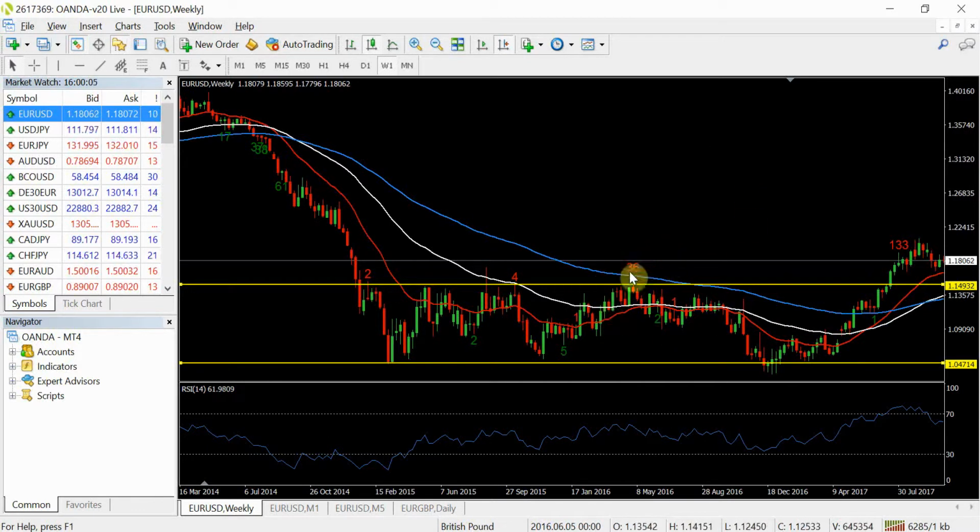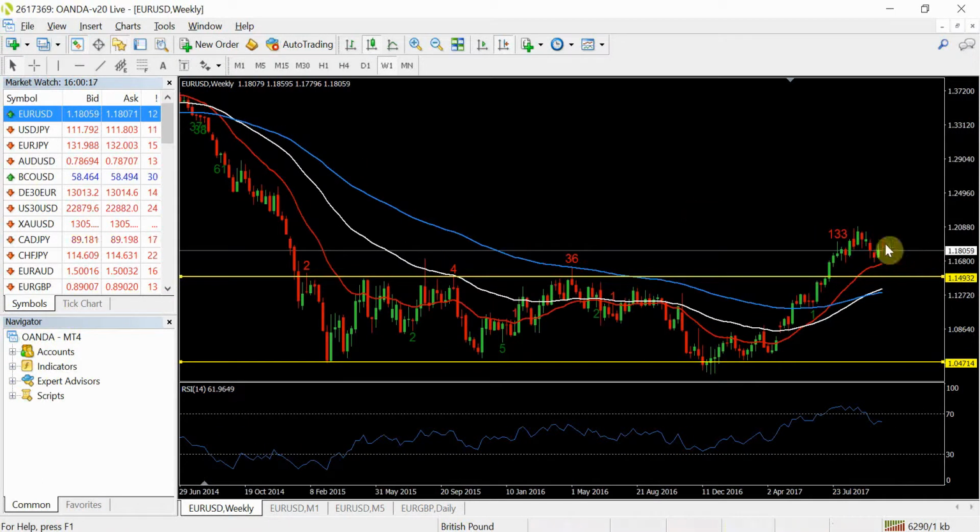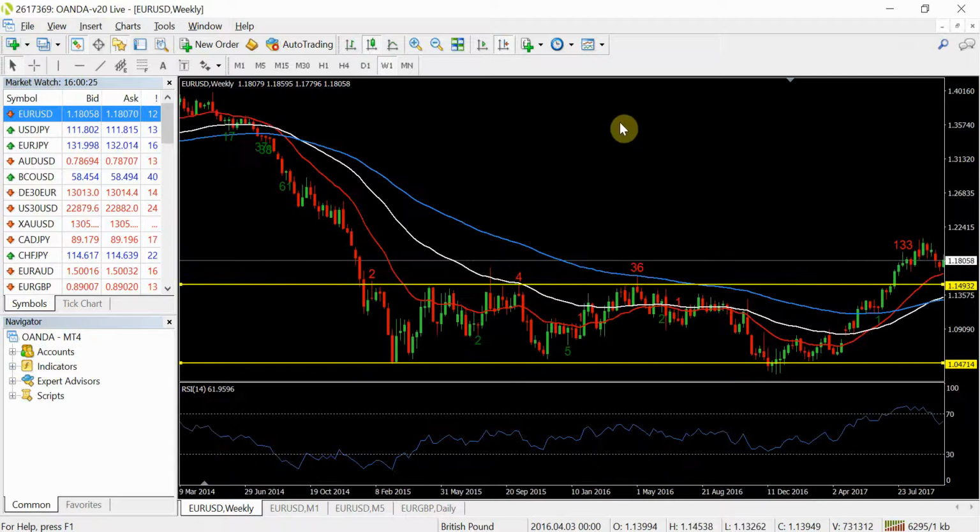For illustration purposes, this one would also have been a nice one, where with the support and resistance you've got 1, 2, 3, 4 touches there. Currently price is around here, and I think we will hit some support area around that figure down there. I hope that makes sense. This is again using pin bars as a continuation of the trend.